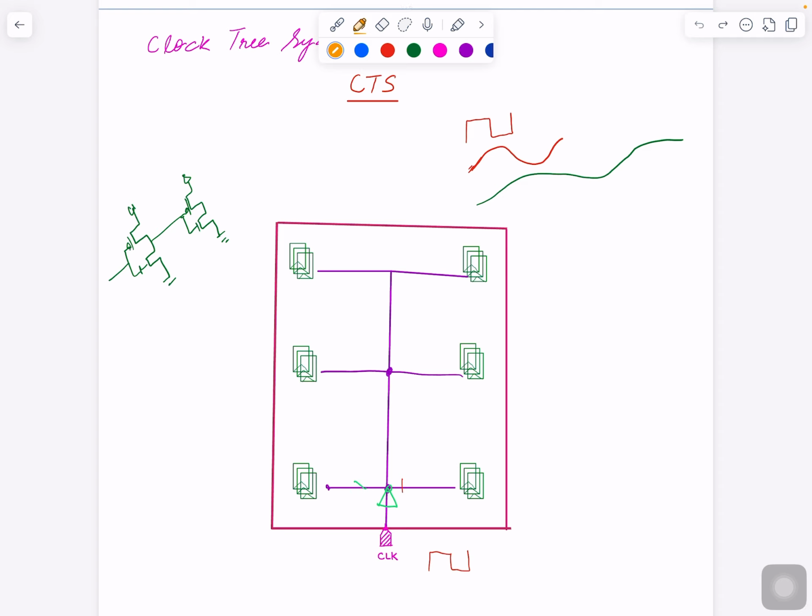I mean, we are more worried about the far out. Okay, so let's do that. Let's put another buffer here. Another buffer here. Maybe a buffer here. Maybe one more here, right?